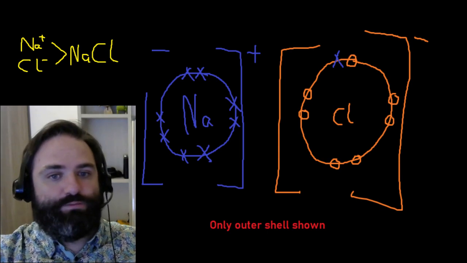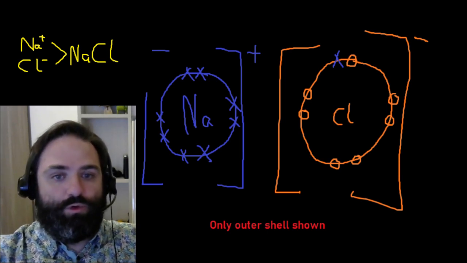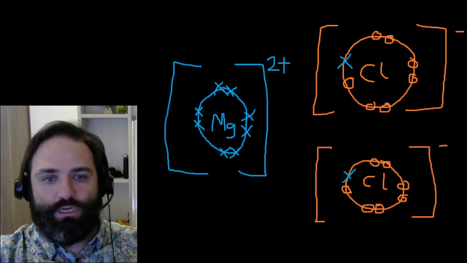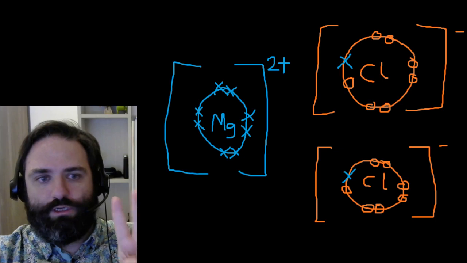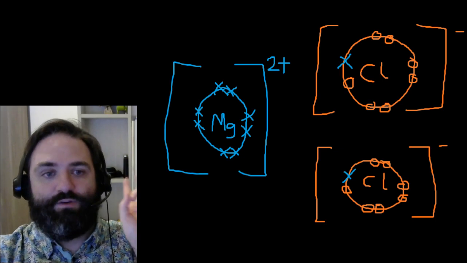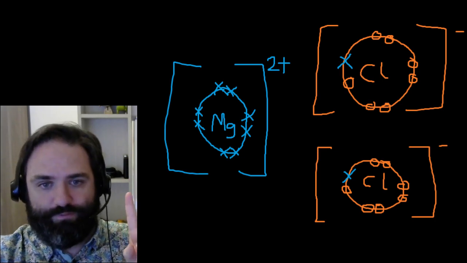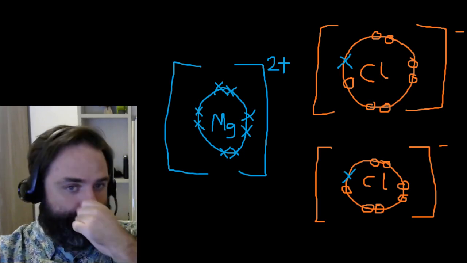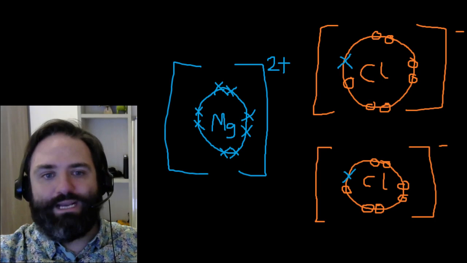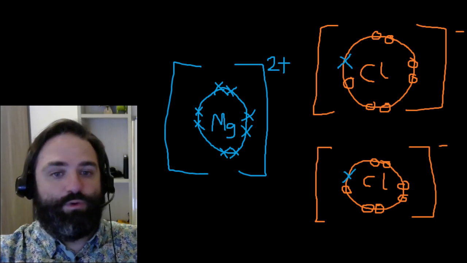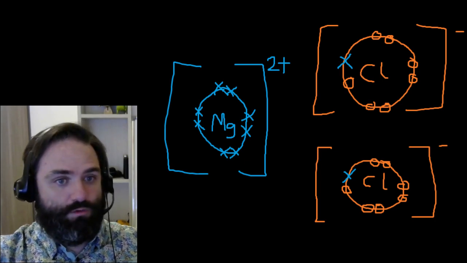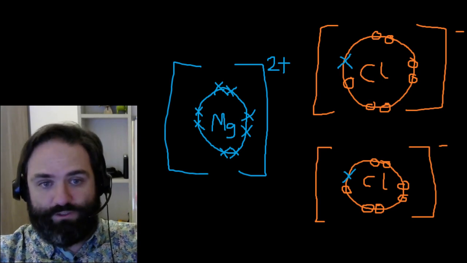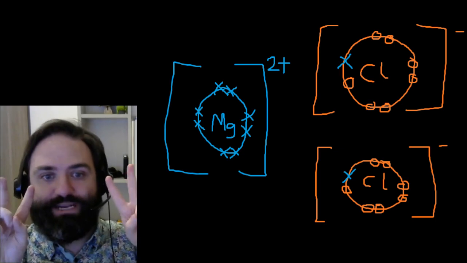However, ions sometimes form that have more than one charge. So here's an example. Magnesium is a metal in group 2 of the periodic table. It forms a 2+ ion. That's an ion with a 2+ charge. Chlorine, we saw that before, it's got a -1 charge. So if we want an overall balanced ionic compound, then every time we have 2 positives, we have to have 2 negatives.